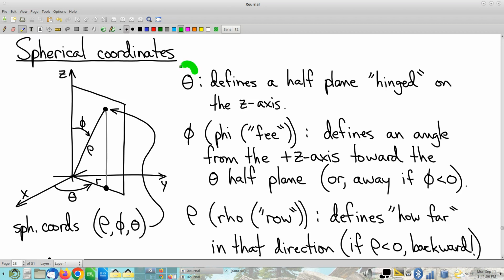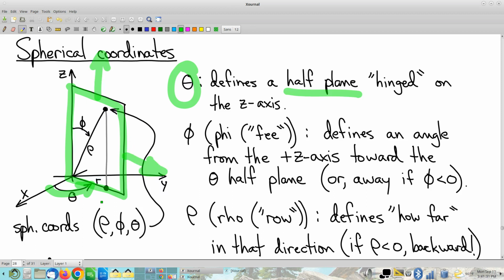Here we go. Theta is our first spherical coordinate. It is the exact same theta that we've seen before. It measures how far, if you will, rotating counterclockwise from the positive part of the x-axis. I like to think of theta as defining a half plane, which extends infinitely upward and infinitely that way and infinitely downward.